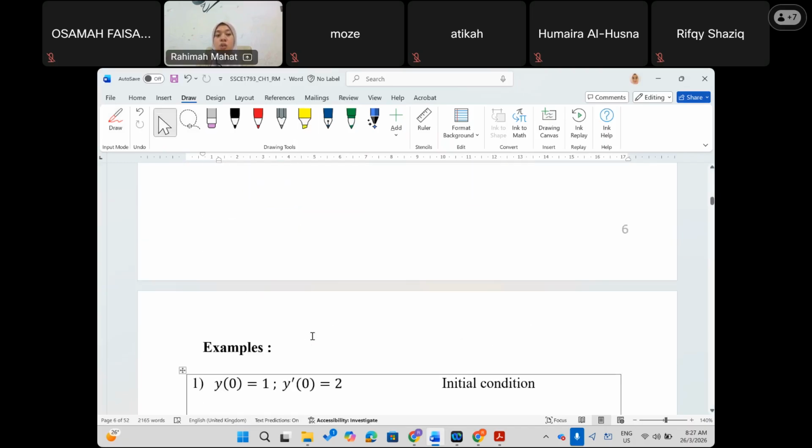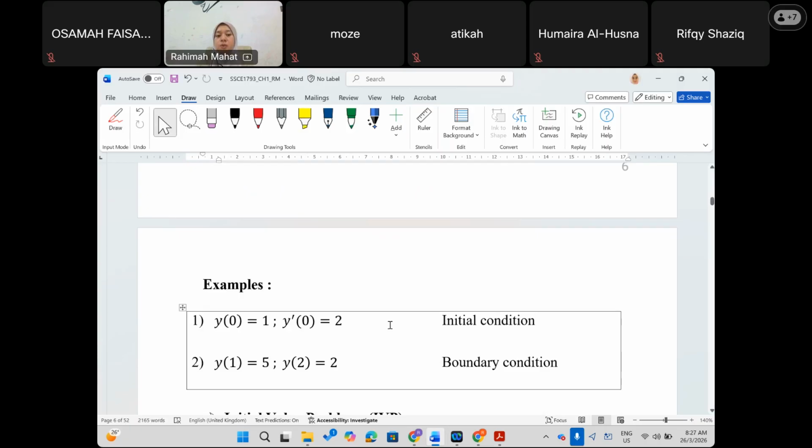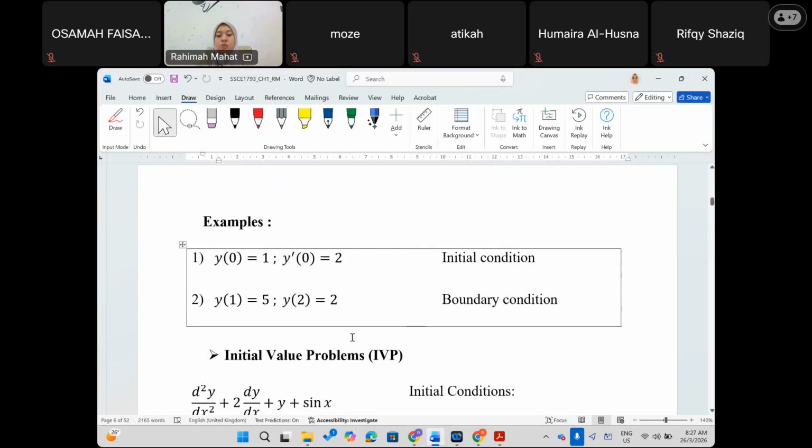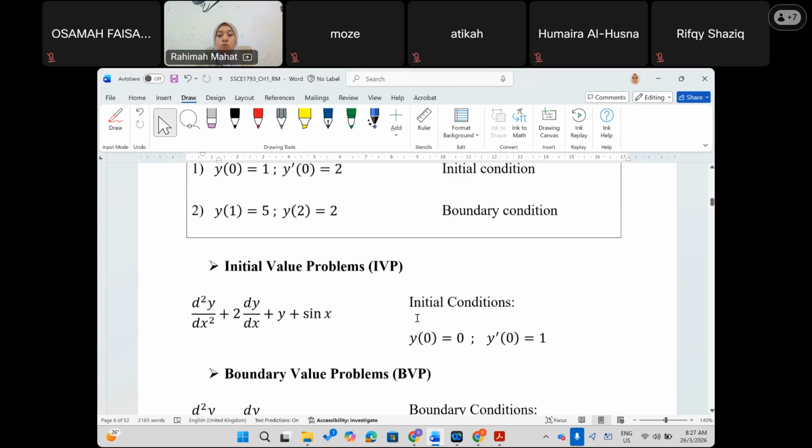So how do we solve? This is the example question for the initial condition where you have y(0) equal to 1 and y'(0) equal to 2. And the boundary condition may include any points, y(1) equal to 5 and y(2) equal to 2.